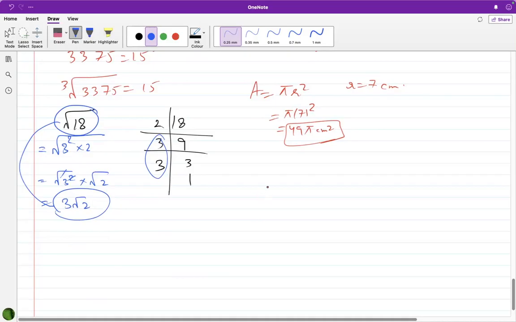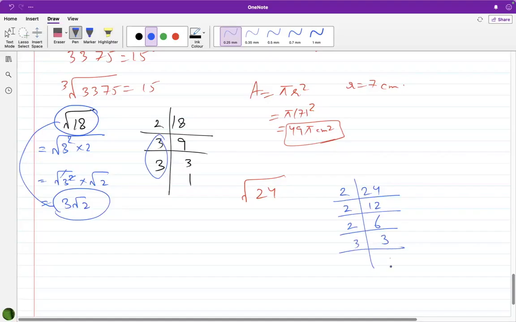Let's have one more question to avoid any sort of confusion. Square root 24. Is it a perfect square? No. So we go for our prime factorization. 2 goes 12 times, 2 goes 6 times, 2 goes 3 times, 3 goes 1 time.